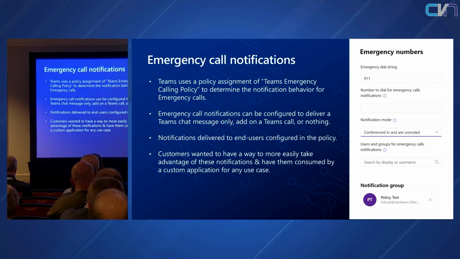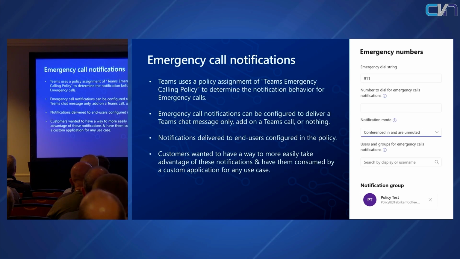Emergency call notification. The way that we have it set up for folks to be able to become aware of an emergency call happening in your environment is through the emergency calling policy. The screenshot there is from Teams Admin Center, and it says, when we detect an emergency call with this dial string, here's the experience that we want to have happen for folks to be notified.